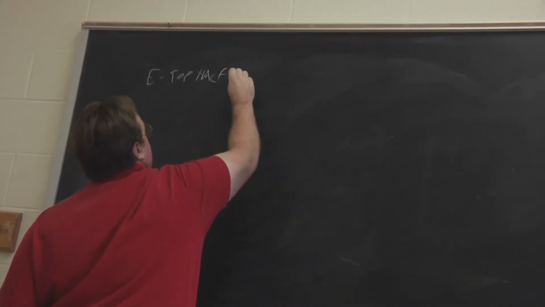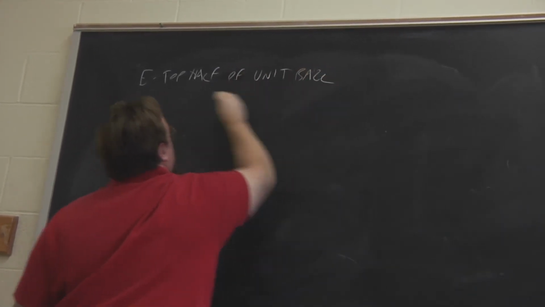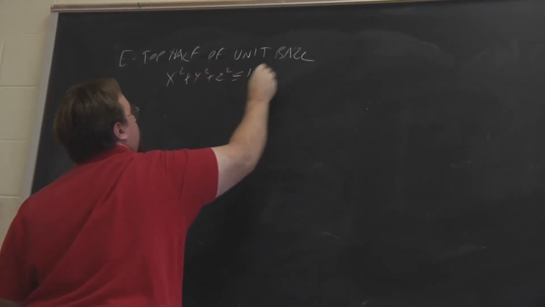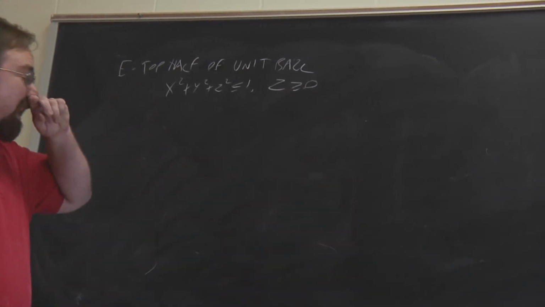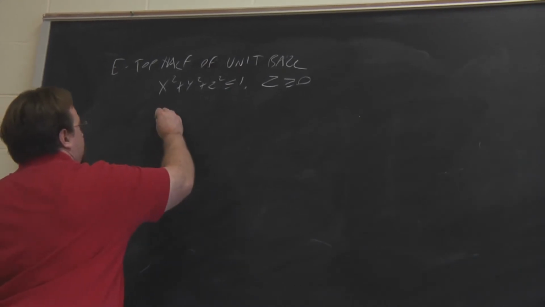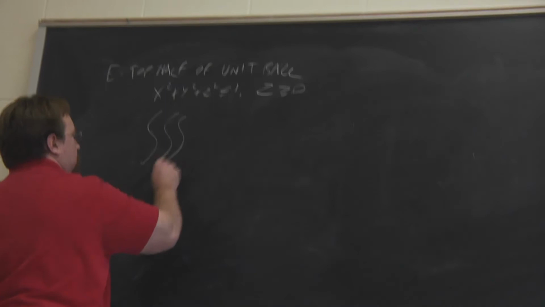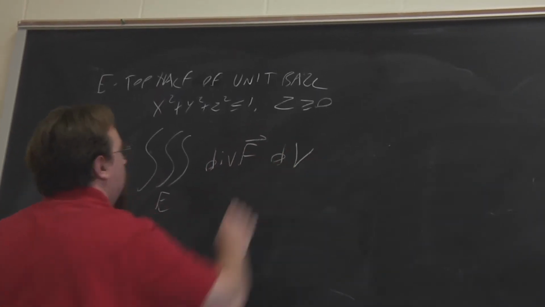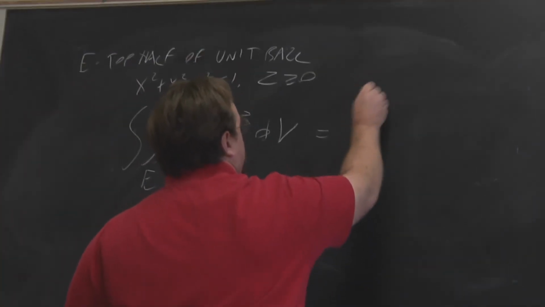E, the top half of the unit ball, x squared plus y squared plus z squared is less than or equal to 1. Z must be non-negative. So the integral over this half ball, we use spherical coordinates.